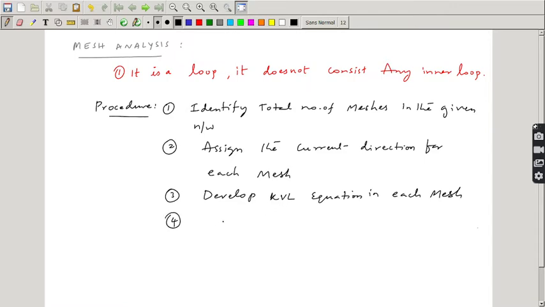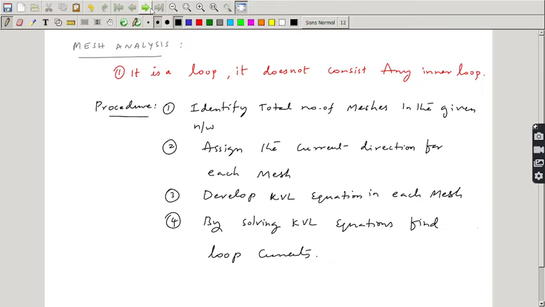Fourth point, by solving the KVL equations, find the loop currents or mesh currents. These are the four important points of the procedure to find the loop currents or mesh currents in a given circuit.